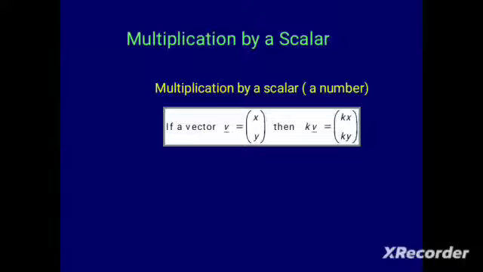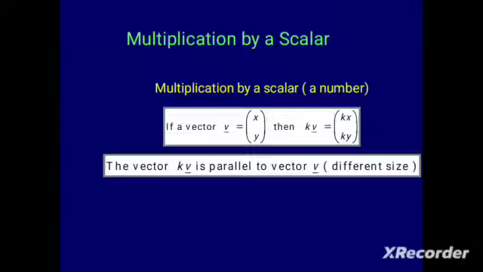If we open the bracket, it will be k multiplying (x, y), so it will be (kx, ky). Then the vector kv is parallel to vector v but of different size.